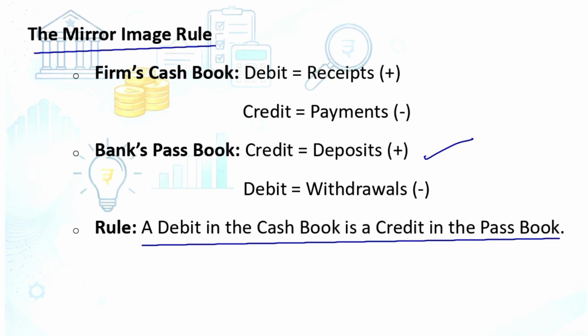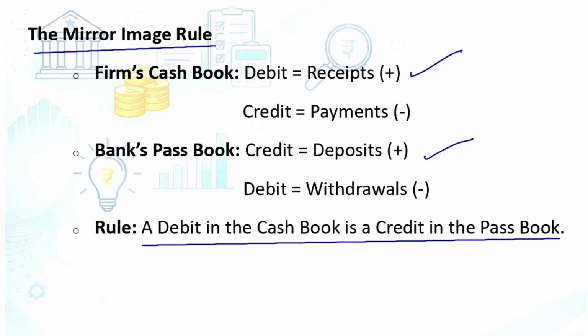Likewise, if you withdraw some amount from your bank, in your passbook the entry should be debit. You have to denote it with minus in the cash book, and the same will be reversed.